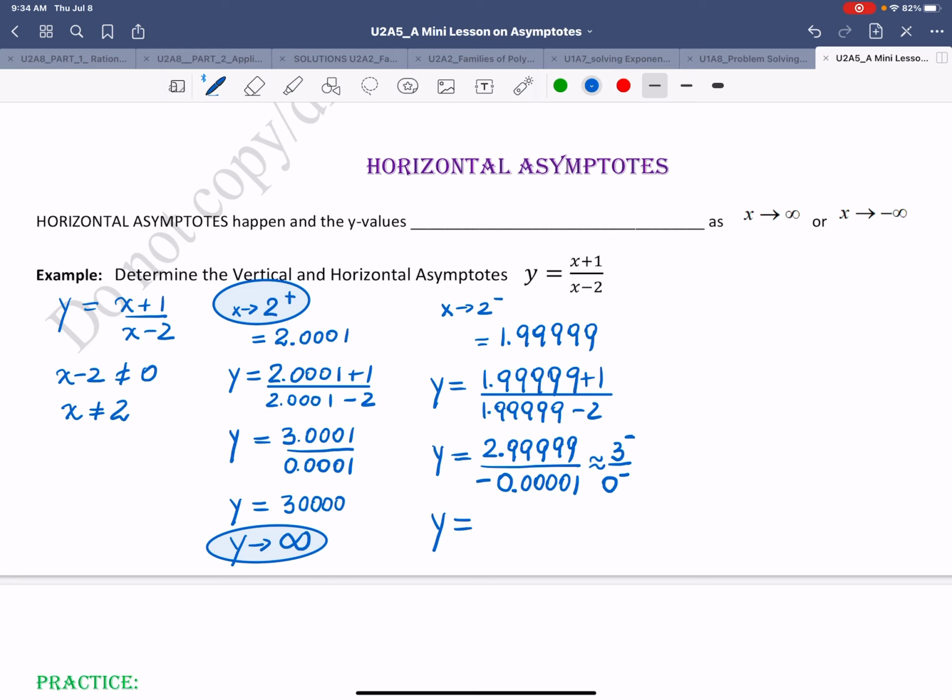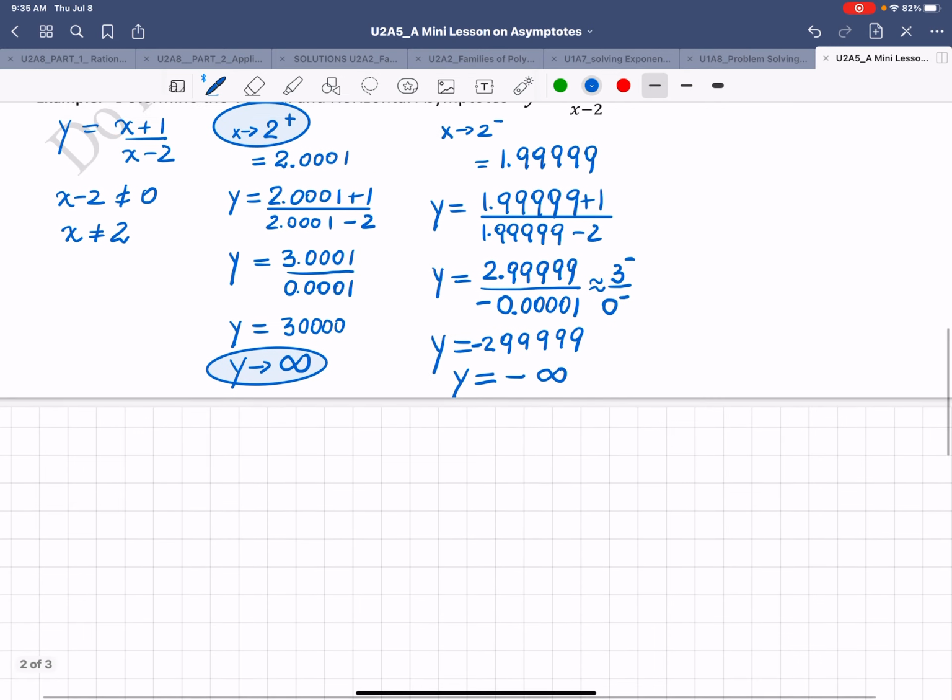Use a calculator, and the calculator will tell you that the answer is negative 299,999, because we have a positive divided by a negative, which will give a negative. Imagine that you can get even closer to 2 from the left-hand side, so more 9s in here, which means more zeros in the denominator, which means a bigger y, a bigger negative, obviously. So we are going to say that in this case, the y values will approach negative infinity. So what does that mean in terms of the asymptote?